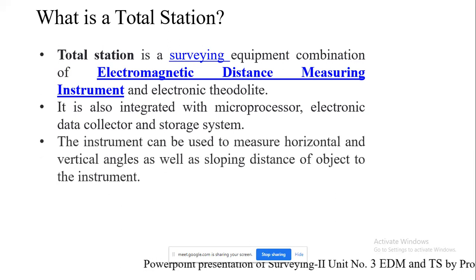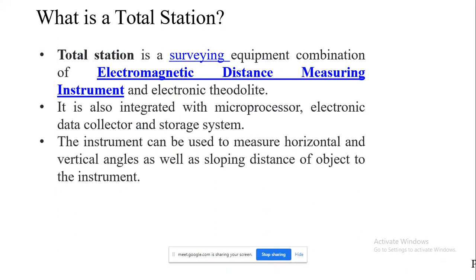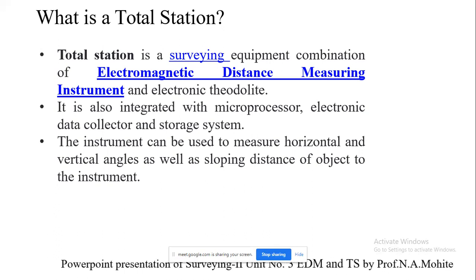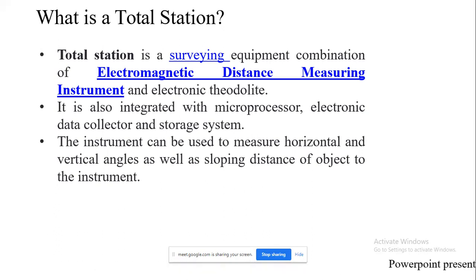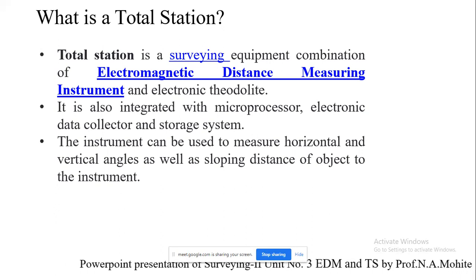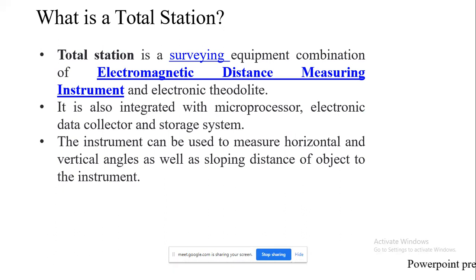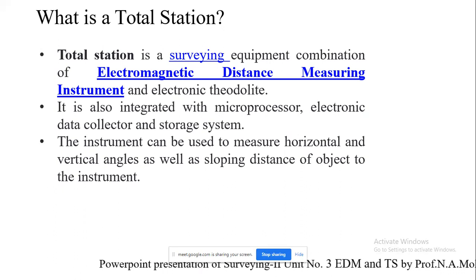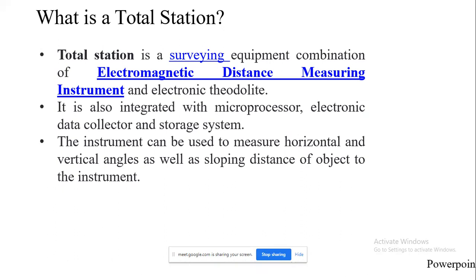The instrument can be used to measure horizontal and vertical angles as well as the sloping distance of an object from the instrument. As we have seen the instruments starting from chain, tape, dumpy level, auto level, then we went through the theodolite, tacheometer, substance bar, surveyor's compass or prismatic compass. Each and every instrument has gone on getting modified, and the last one is the total station.